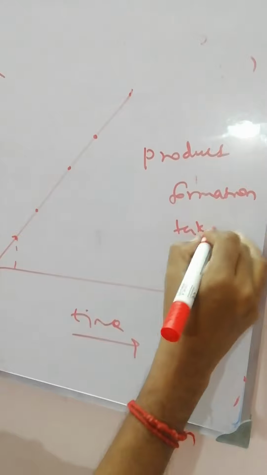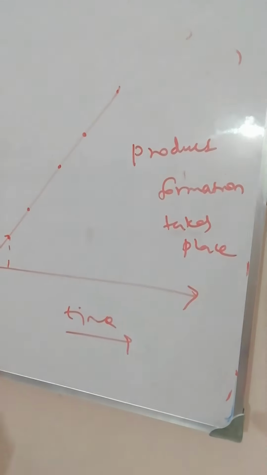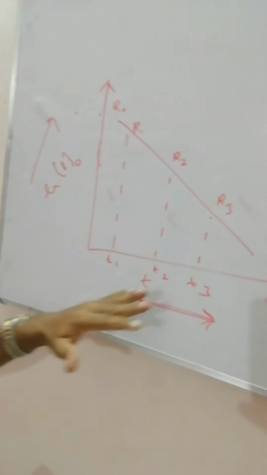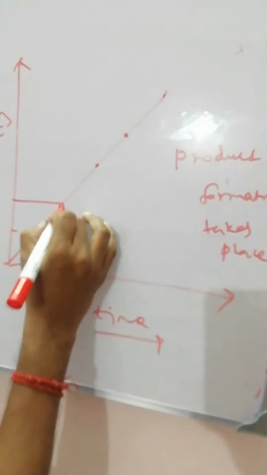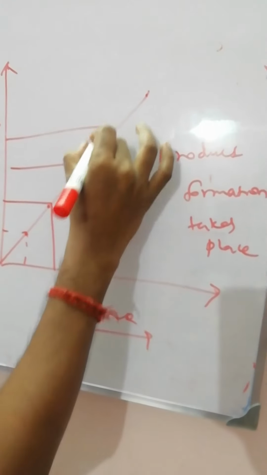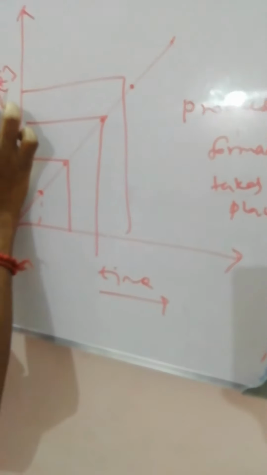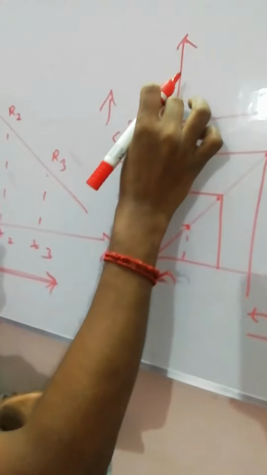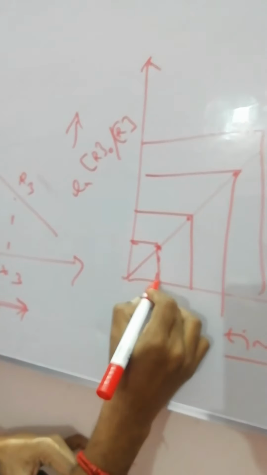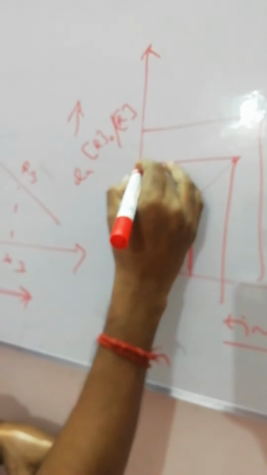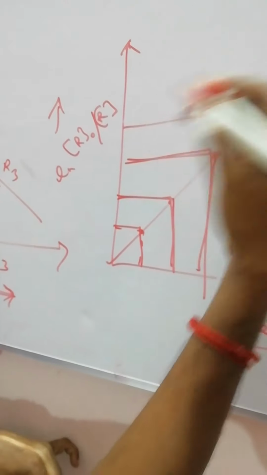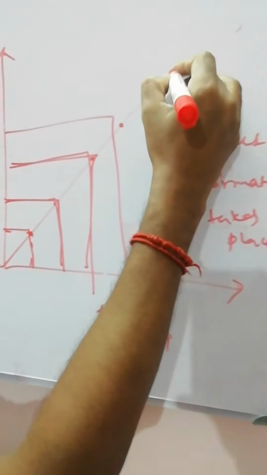So the first graph explains the reactant decreasing with respect to time, and this graph shows product formation with respect to time. Because R0 by R: suppose R0 is 50 gram and R is 30 gram, you get a positive increase. R1 still decreasing, R2 still decreasing, so the difference increases, and at the same time the product is formed.